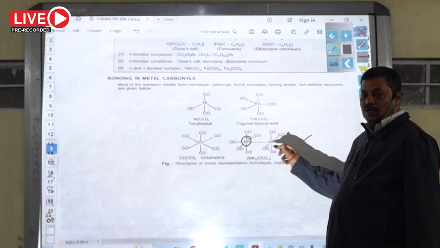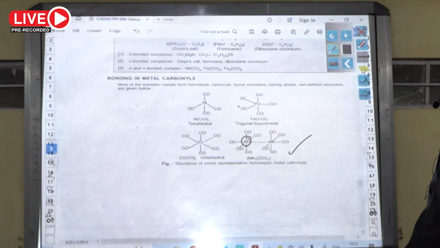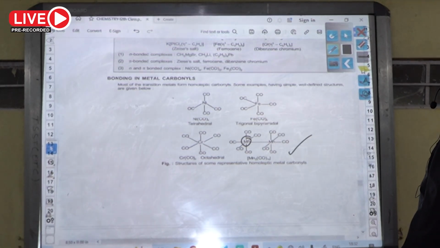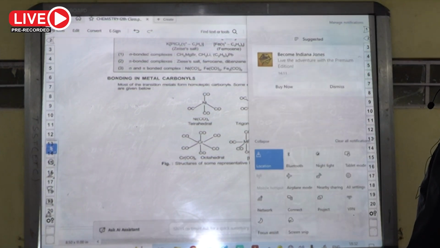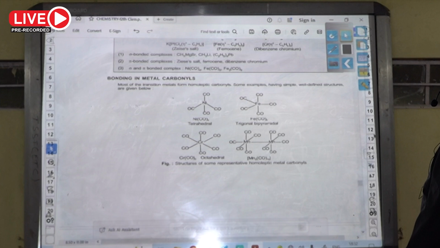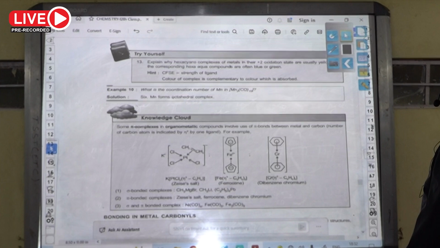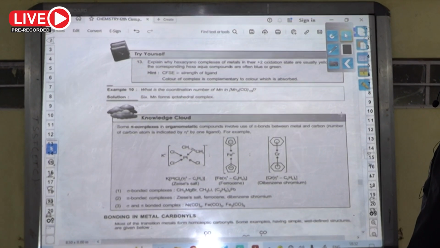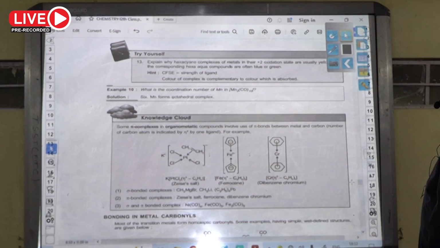And there is an Mn-Mn bond. So coordination number should be 6. Look at the answer they have given. Mn forms an octahedral complex. So write the heading: bridged binuclear complexes.